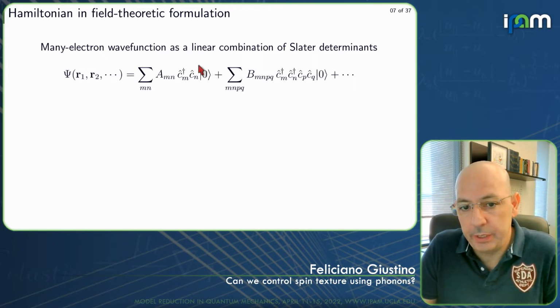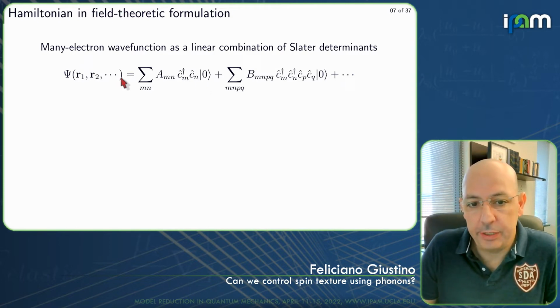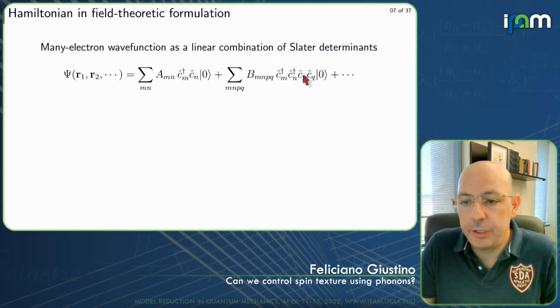You can build a single Slater determinant based on that. It will obviously be approximate, since that's not the ground state of the system or any excited state. So to define the wave function of the system, one considers a linear combination of Slater determinants. It could be, for example, single excitations where you remove an electron from a certain constant state and you add it somewhere else. It could be double excitations, where we remove two and then add two somewhere else, and so on.